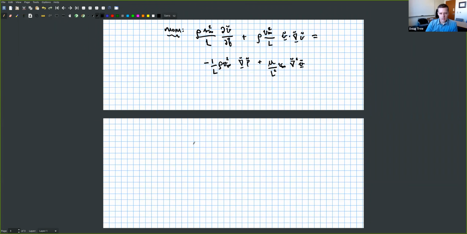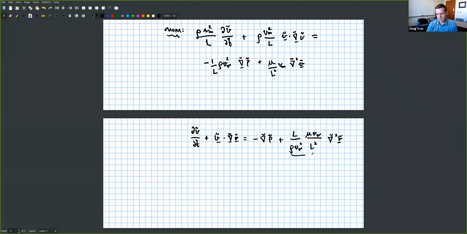So I end up with dV tilde dt tilde plus V tilde dot grad tilde V tilde is equal to minus grad tilde P tilde plus, and then I have L over rho V infinity squared multiplied by mu V infinity divided by L squared grad tilde squared V tilde.